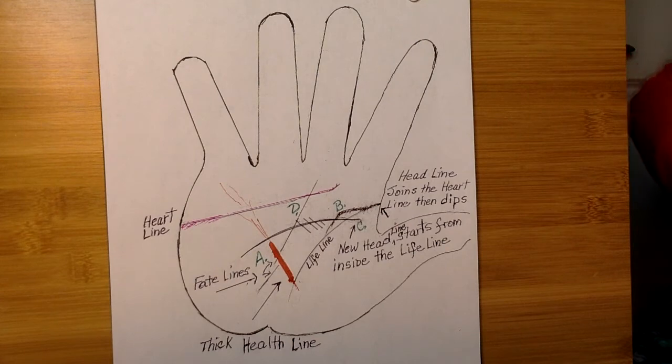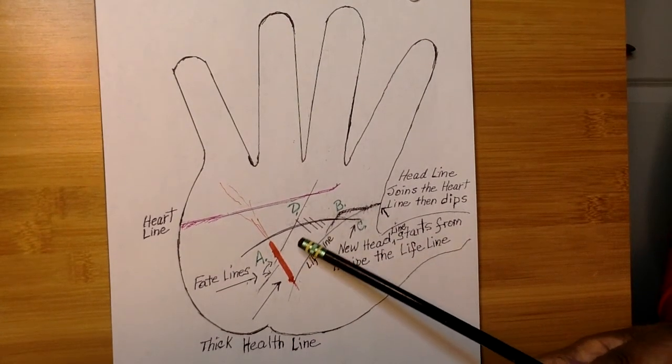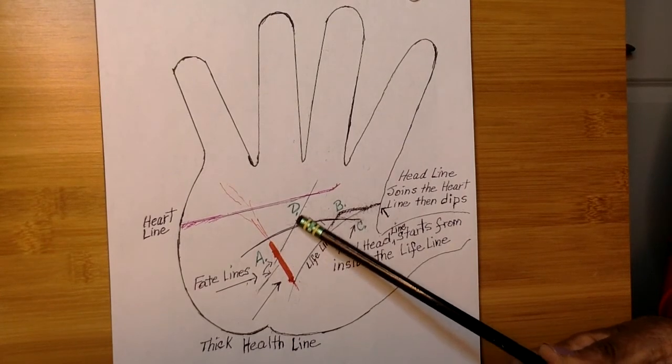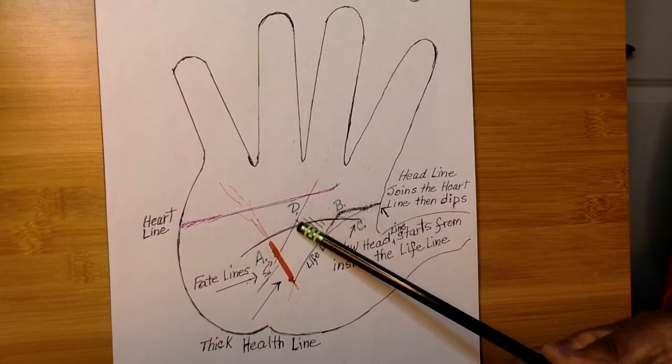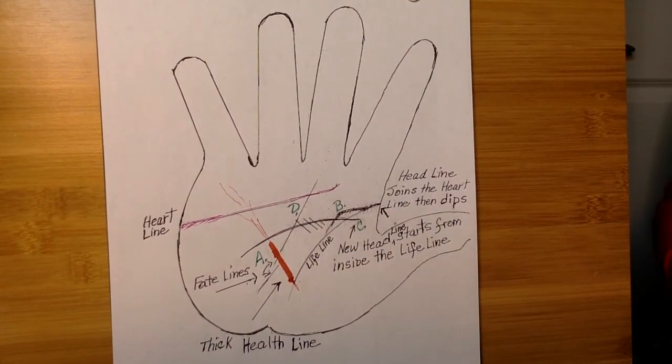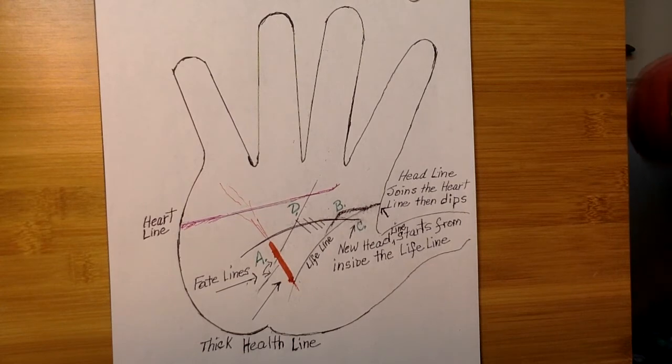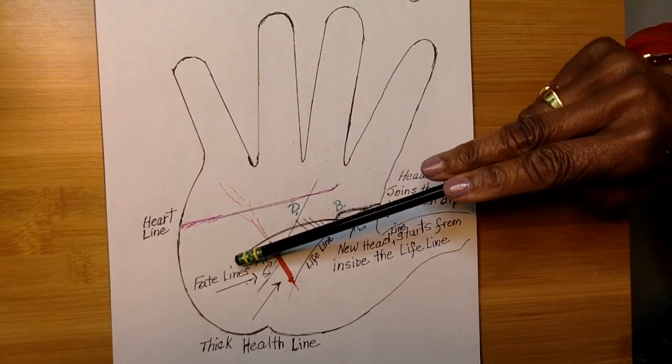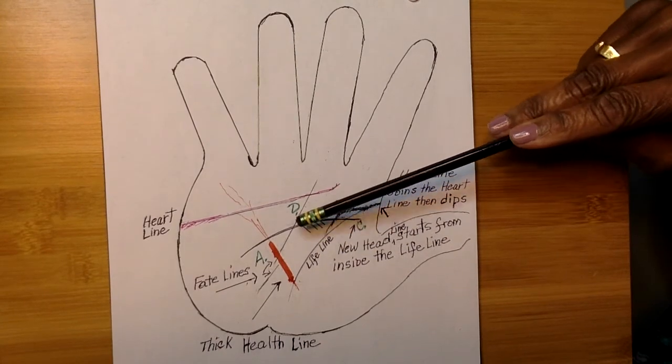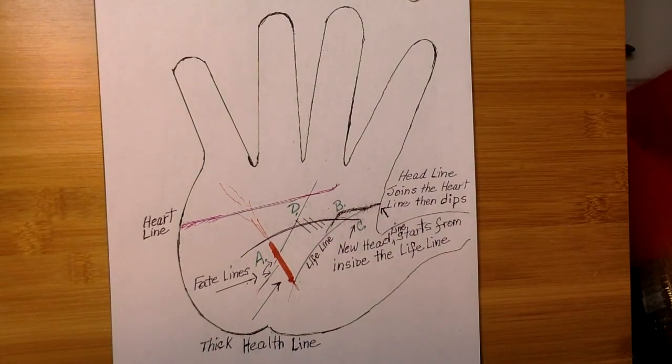Okay? Now, the fate line starts to get better in the late 20s. Since this area of the palm is the center of the headline, it starts over here and it ends somewhere over here, but at the center point, that's age 35.